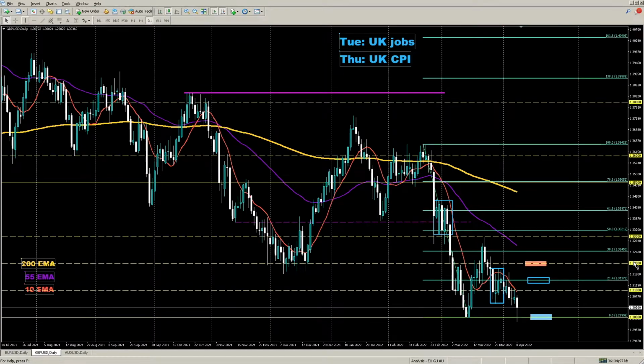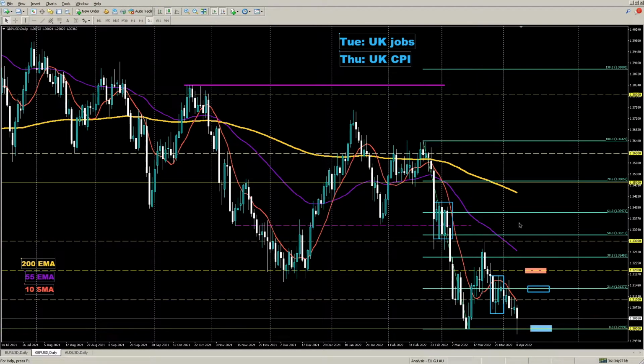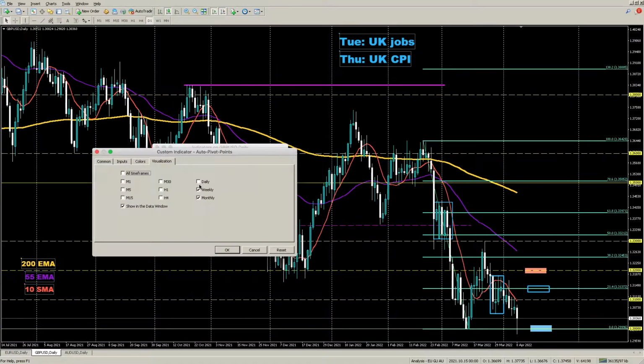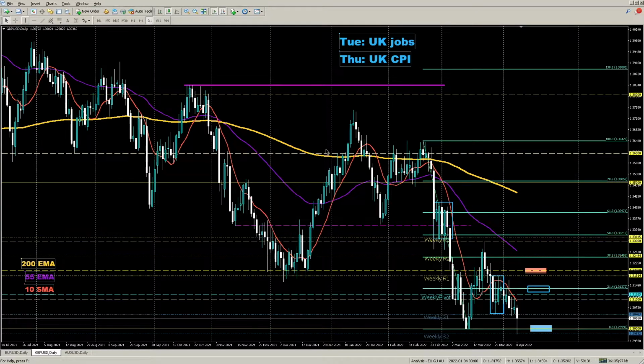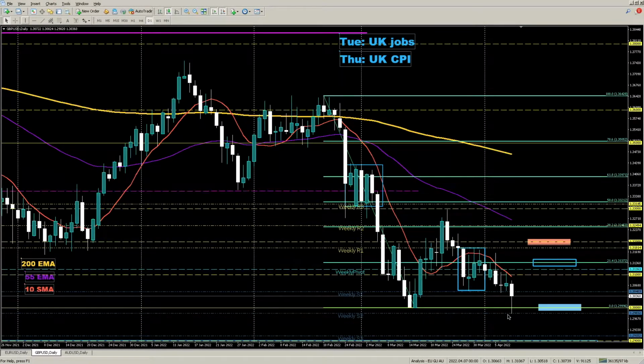Now it did dip lower just slightly, and if I look at the weekly pivots here, you can see this hit the weekly S2 pivot precisely.